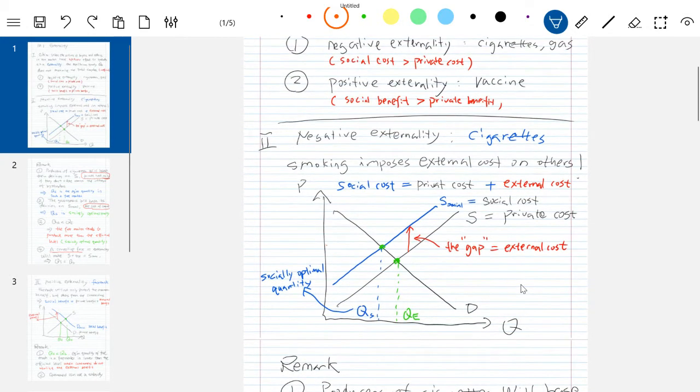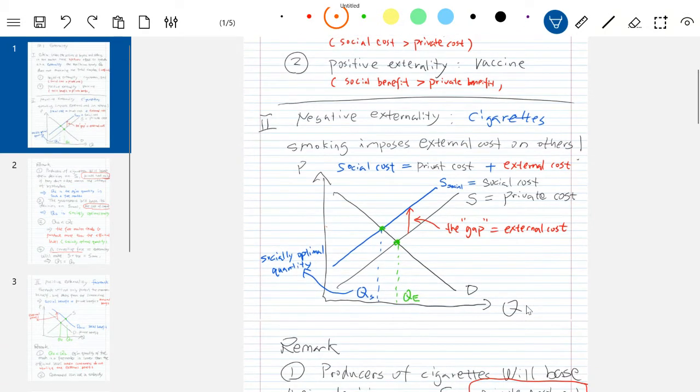Now let me talk about negative externalities more specifically using a demand and supply diagram. I'm going to use the example of cigarettes because clearly smoking imposes some external cost on others. So therefore, cigarettes is a good that has a negative externality. We start with a standard demand and supply diagram as depicted by the two black lines.